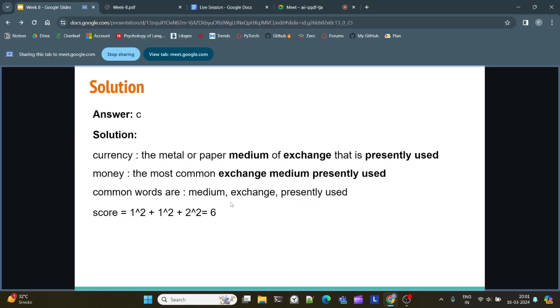Consider a different sentence: the metal or paper medium, the metal or paper exchange medium that is presently used. In that case, we wouldn't have taken medium and exchange as two separate common unigrams. We would have two common bigrams, medium exchange and presently used. In that case, the score would have been 2 square plus 2 square. Did that make sense?